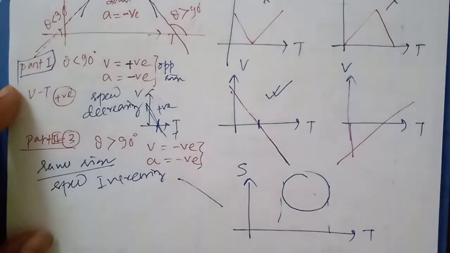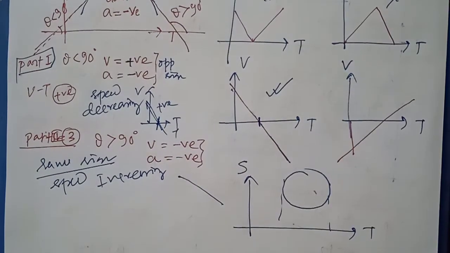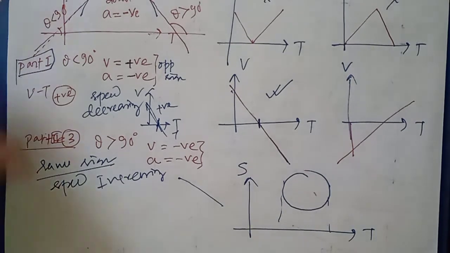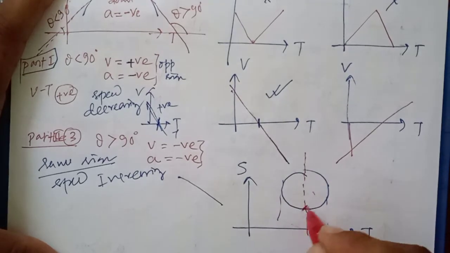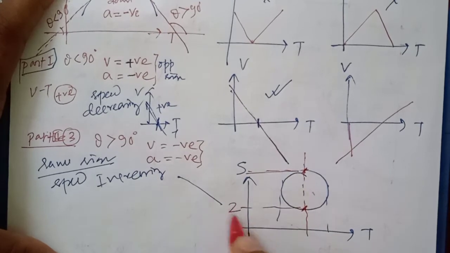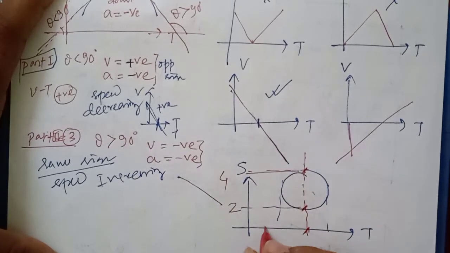Is this graph possible or not? Students, see, if I draw this line, then at this point the displacement, suppose this is 2 km, this is 4 km, but the time is the same. Suppose this is 1 second, 2 second, 3 second.